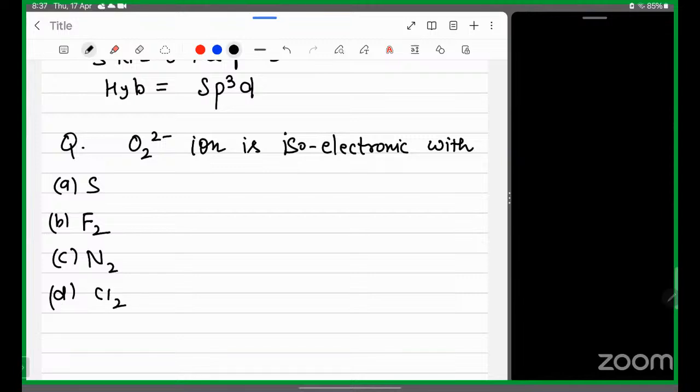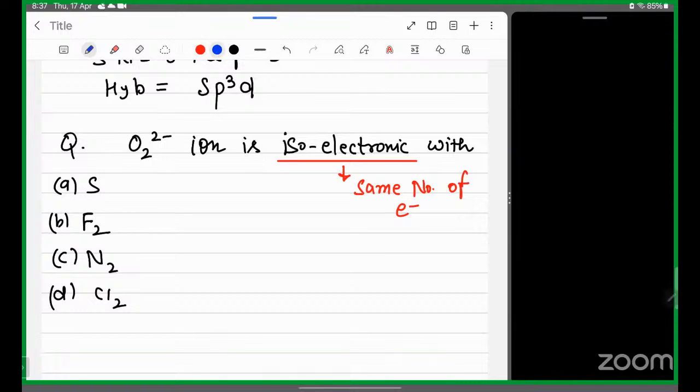First of all, what do you mean by isoelectronic? Isoelectronic means the same number of electrons in different species. If we have different chemical species with the same number of electrons, then they are known as isoelectronic.